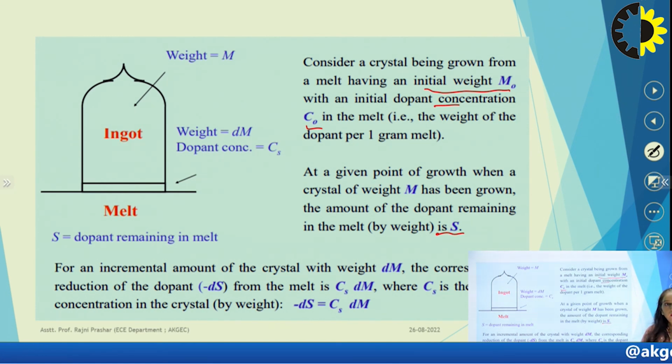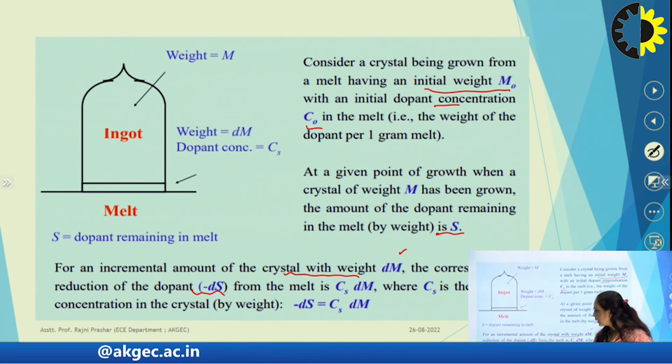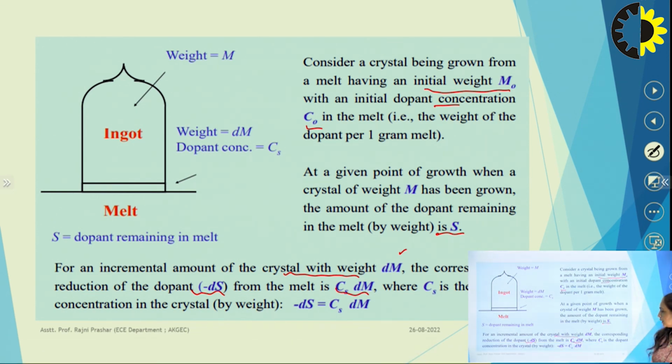For an incremental amount of crystal with weight dM, there is a corresponding reduction of the dopant. Obviously, if the silicon ingot with weight dM starts to form, some of the dopant will be removed from the melt, given by minus dS equal to Cs dM, where Cs is the dopant concentration of the crystal.